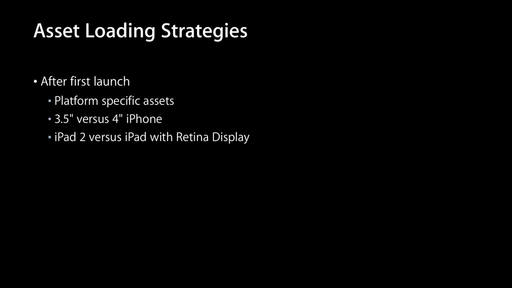And once you figure out where you're running, then go download only the files that are needed for that device specifically. Now you look at the iPad case and the iPad 2 versus iPad with Retina display, right? The Retina display images alone are significantly bigger. So you can get a really good savings here, especially for iPad 2 users if they never have to even download these assets. So that's one approach.